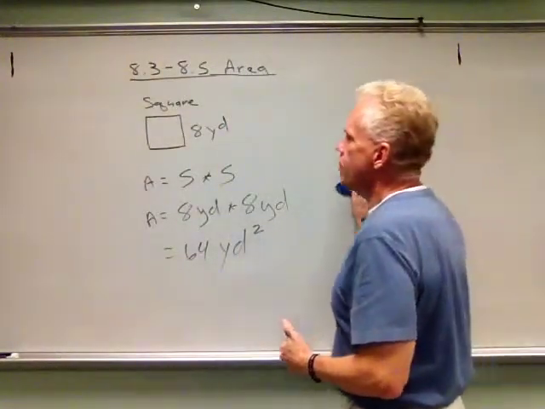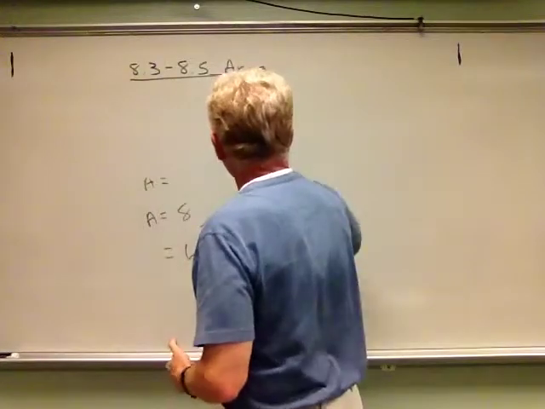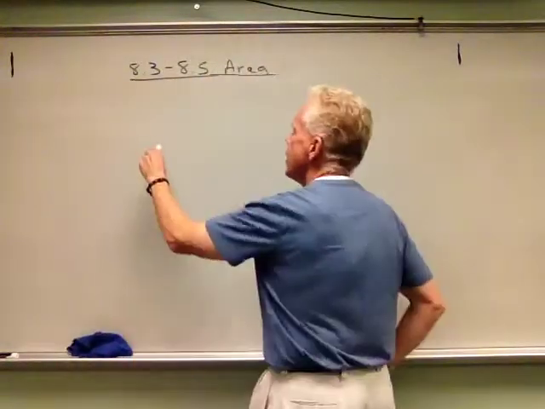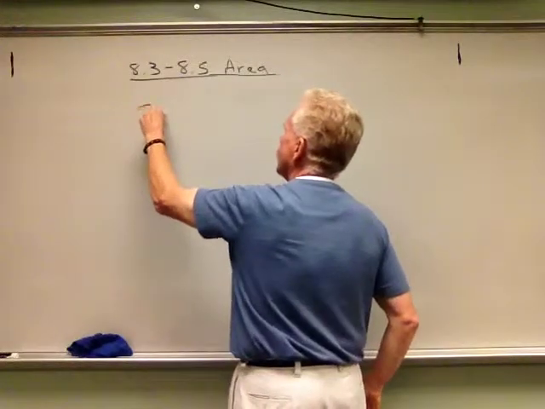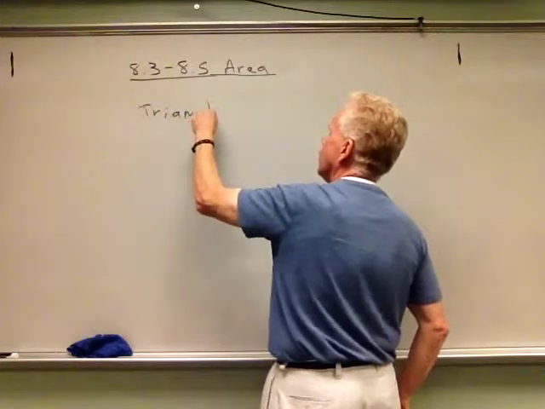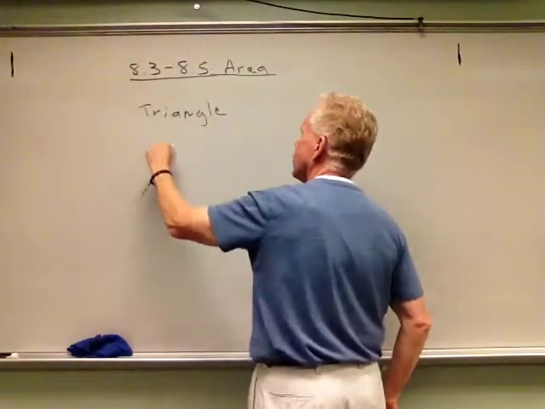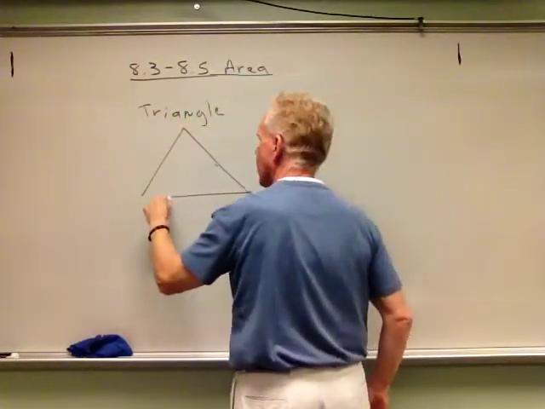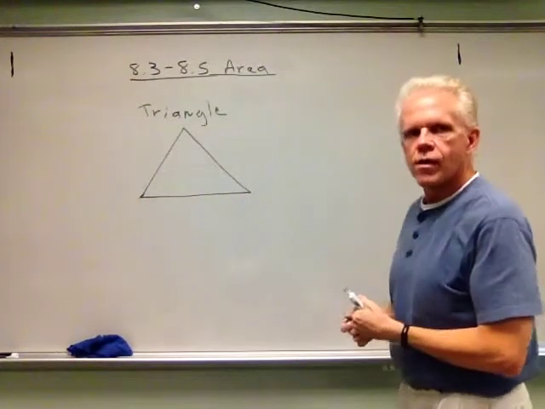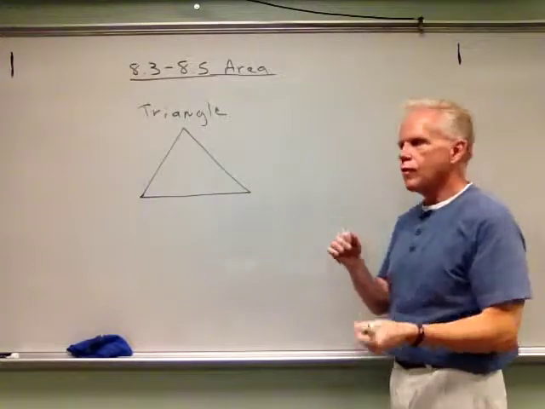Let's move on up to something a little more interesting. And let's talk about the area of a triangle. Triangle. Okay, so here's my triangle. Now, I'd like you to notice something about a triangle. I'm just going to put it over to the side, just show you real quick.